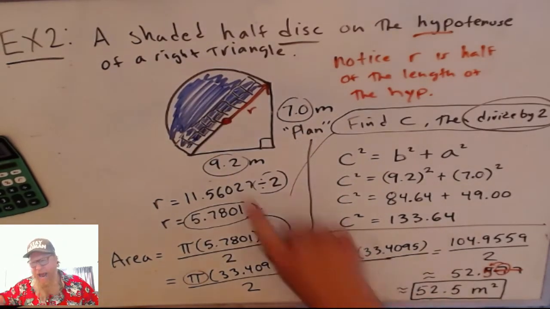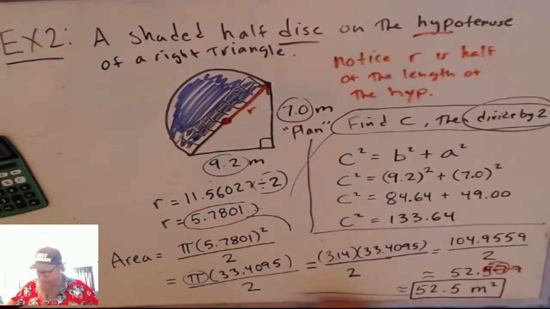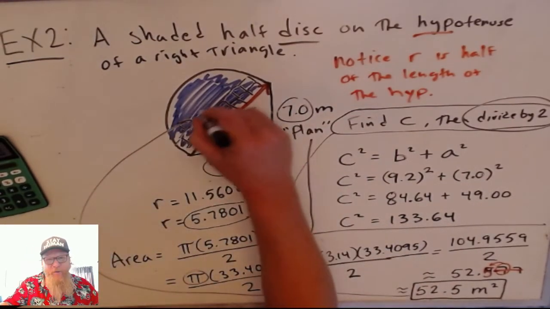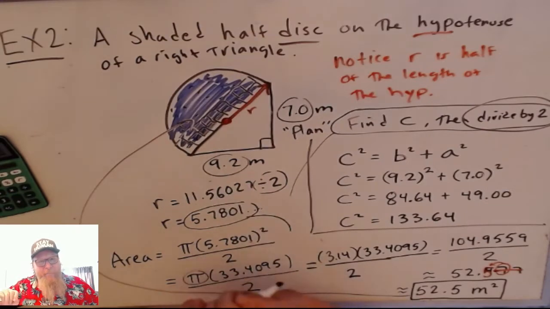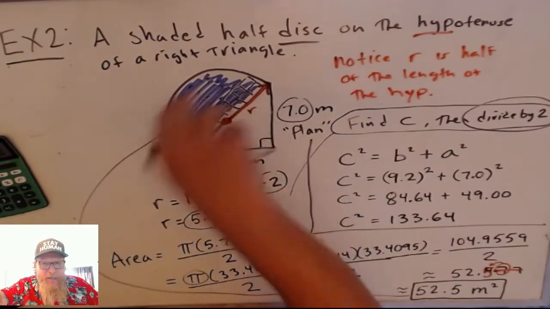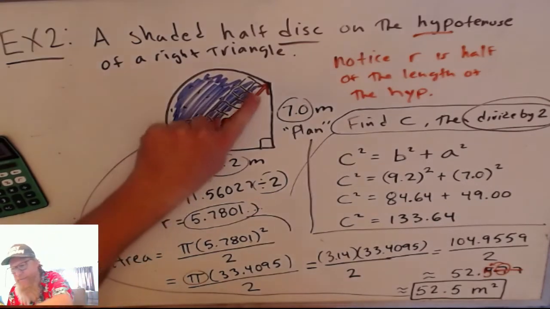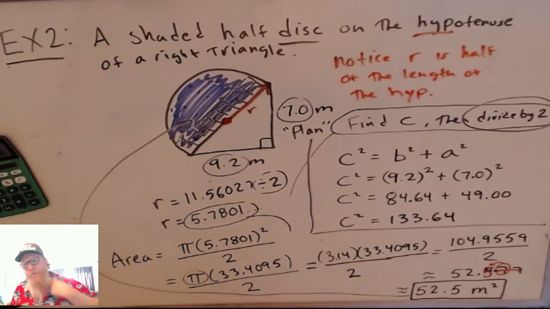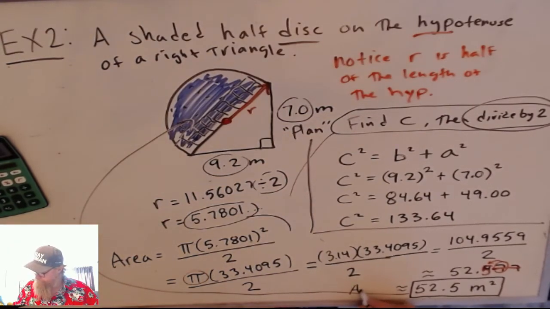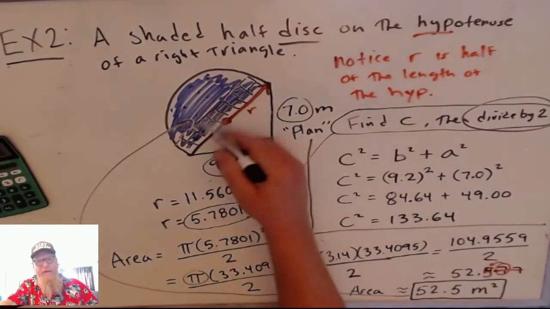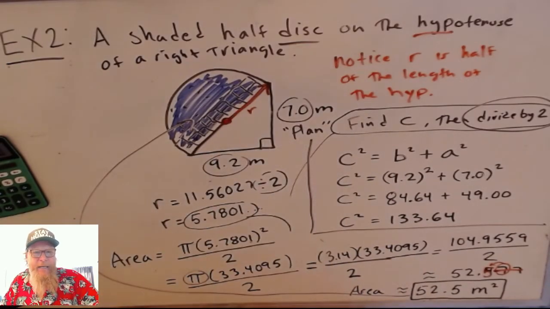But you would need 52.5 of these squares if you were trying to fill out the whole thing, and you probably would use a cutter and try to cut some of them into odd shapes in order to fit it all in there. Most of them would be square, but you would need some funny shaped ones here in the corner. All right, so that's your area. It's the area of the shaded half disc.